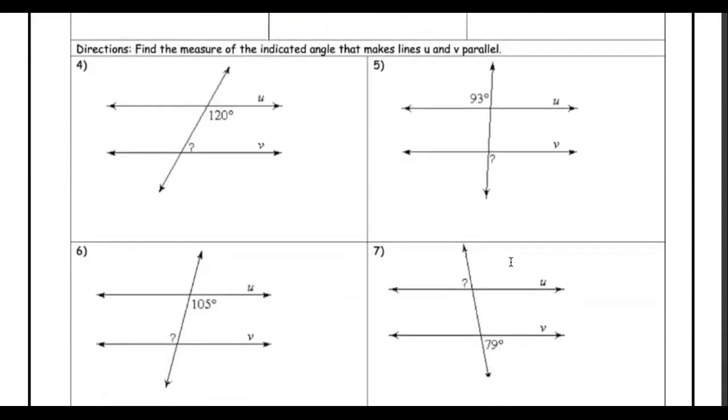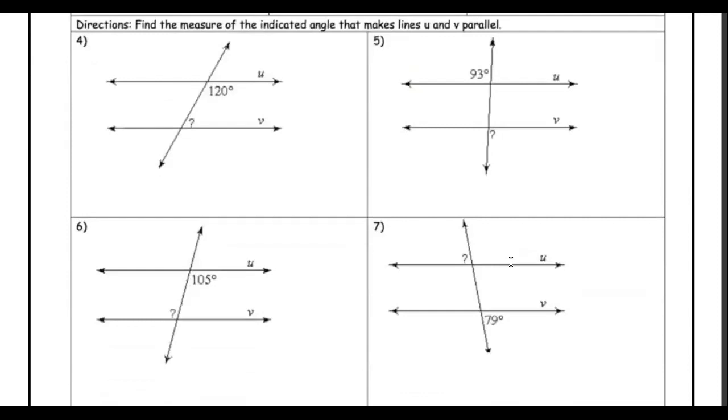It says, find the measure of the indicated angle that makes the lines U and V parallel. All right. So we want to think about what they gave us, and then we want to think about what they're asking for. In this problem, number 4, they give us 120, and they're asking for this angle here.